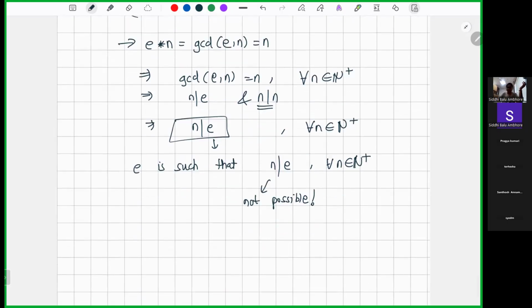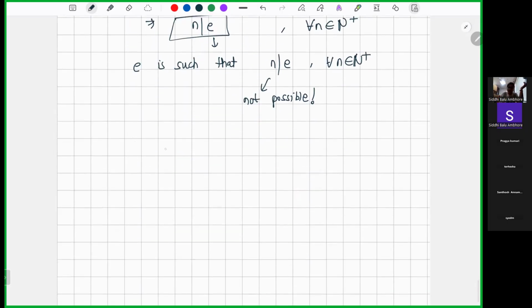If the identity exists, then for A, I need B such that A operated with B gives me E, but there is no E to start the question of inverse. So not possible.